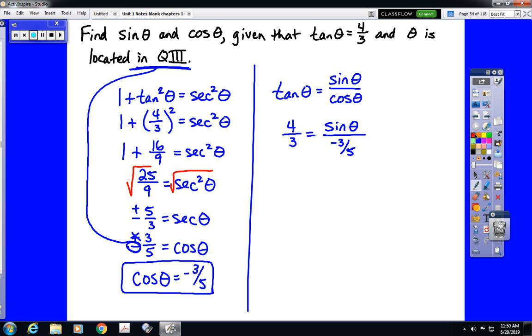To get sine by itself, I need to multiply by negative 3/5. So I'm going to multiply both sides by negative 3/5. That will cancel the fraction on the left. The 3's will cancel on the right and give me a final answer for sine of negative 4/5.